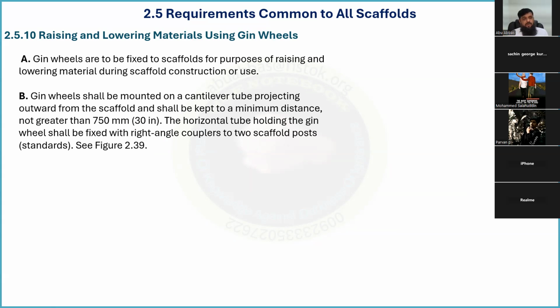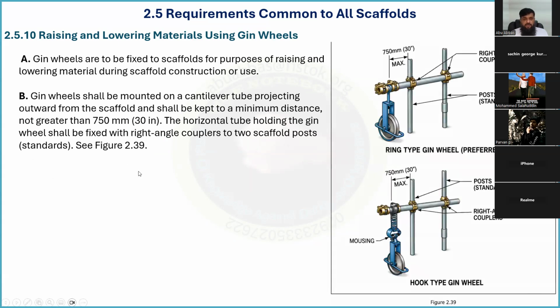The horizontal tube holding the gin wheel shall be fixed with a right angle coupler to two scaffold posts. Again, two members. Posts are standard.